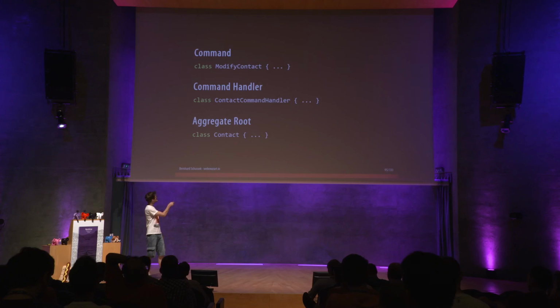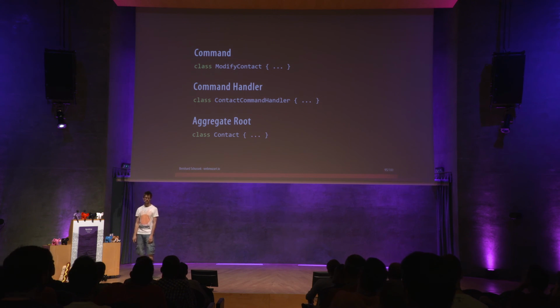That command handler is basically the conductor, right? It takes the command and now it knows, okay, we need to fetch some data here, we need to fetch some data there, and then we need to pass all of that stuff over to some aggregate, and the aggregate is the object that contains the business logic. So for example, our contact contains the business logic for modifying contacts, right?